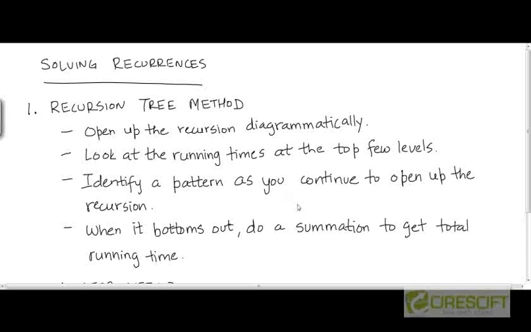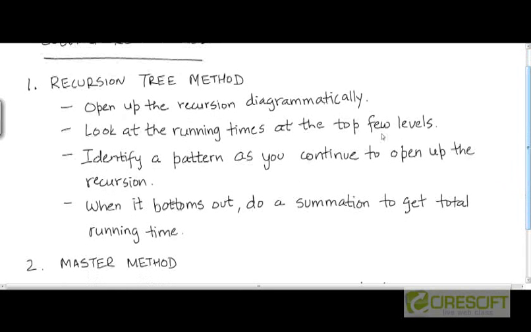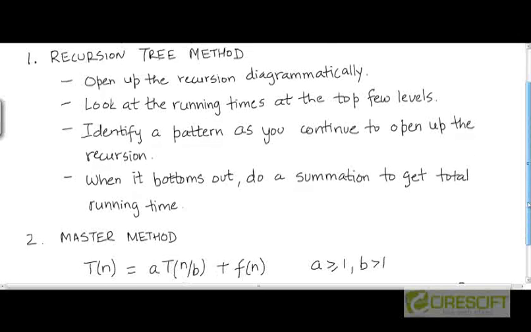If we get a simple enough summation by just opening up the recursion along a single line, we can arrive at the value of T of n in that way also. The diagram was just to help us visualize what the series will be as we sum up the costs for every level.